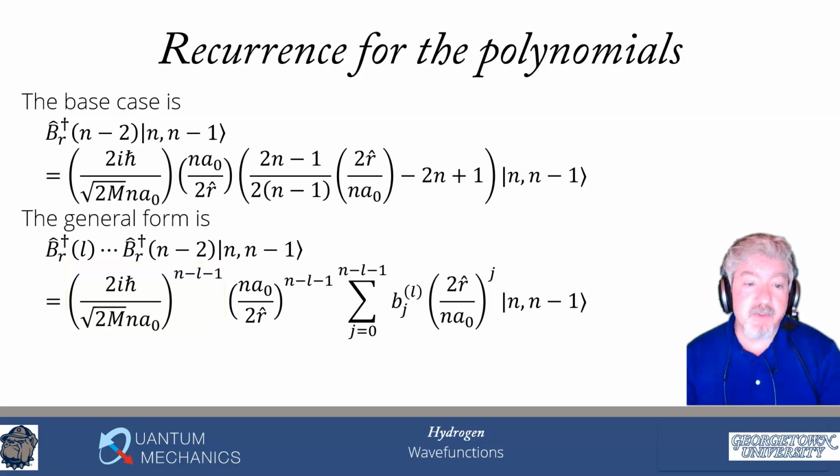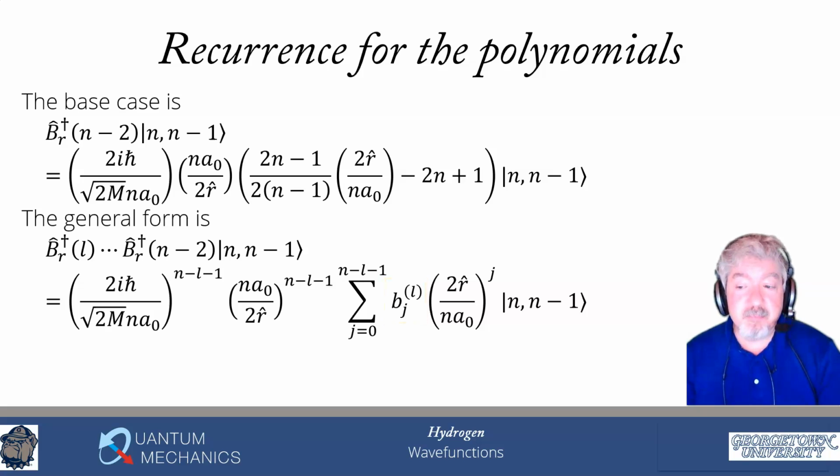The operator term with the 1 over r hat as a prefactor, I'm going to get one of those as well. So that will have an n minus L minus 1. And then I'm going to have a polynomial that goes from a constant term all the way up to a term that is r hat to the power n minus L minus 1. You can figure that out just by counting how many b dagger terms you have. And then I lump all of the constants in the b_j of L.